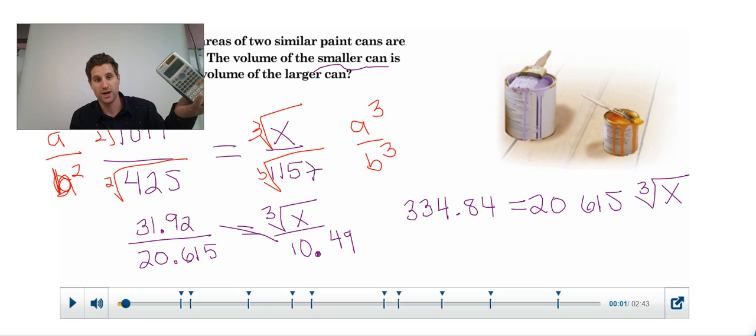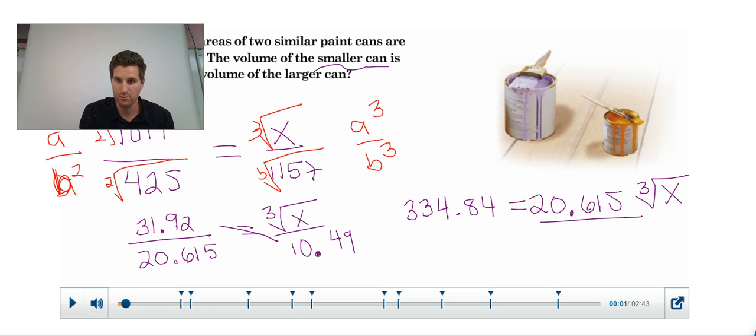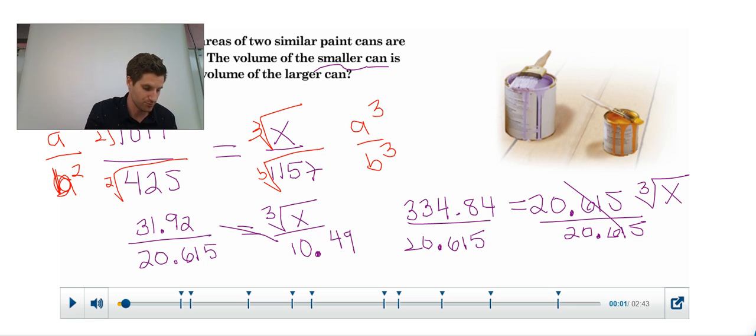Again, really important that you're trying to do this on the calculator with me. This is the hardest problem that we're going to see. Now we're going to divide by 20.615 on both sides, and then we're going to cube both sides. I know, pretty crazy.